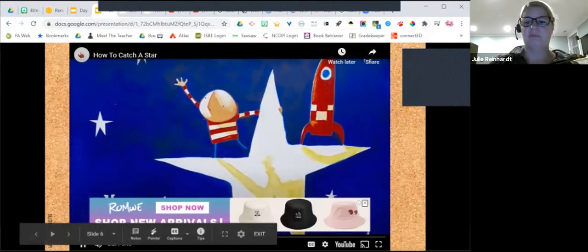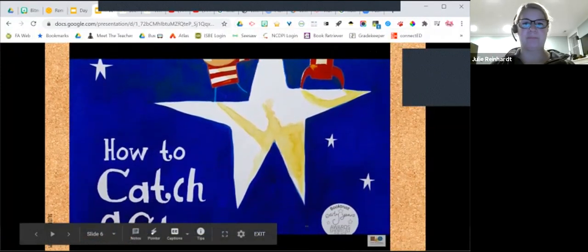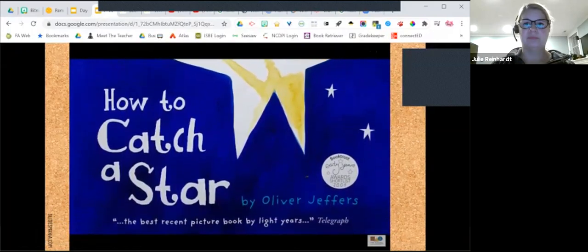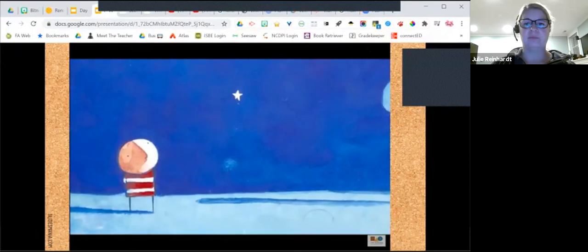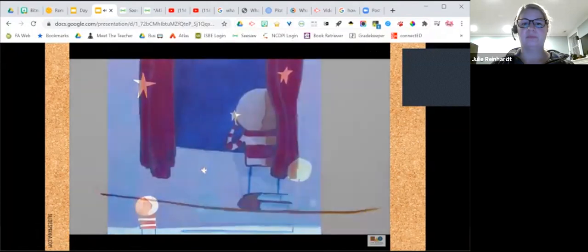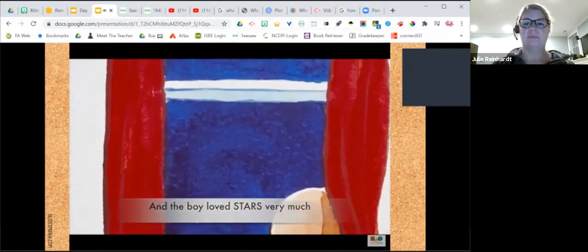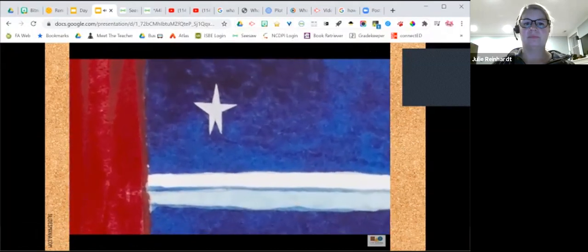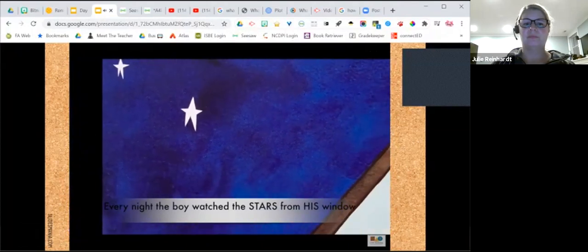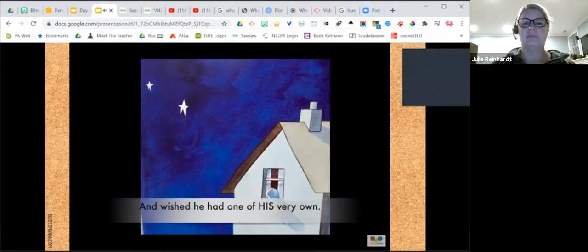How to Catch a Star. Story and illustrations by Oliver Jeffers. Once there was a boy, and the boy loved stars very much. Every night the boy watched the stars from his window and wished he had one of his very own.